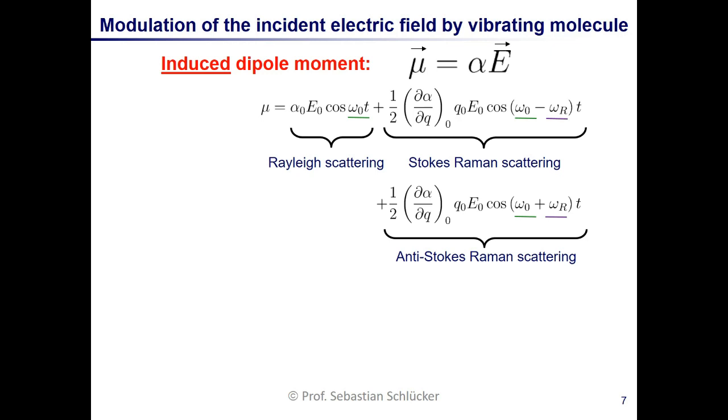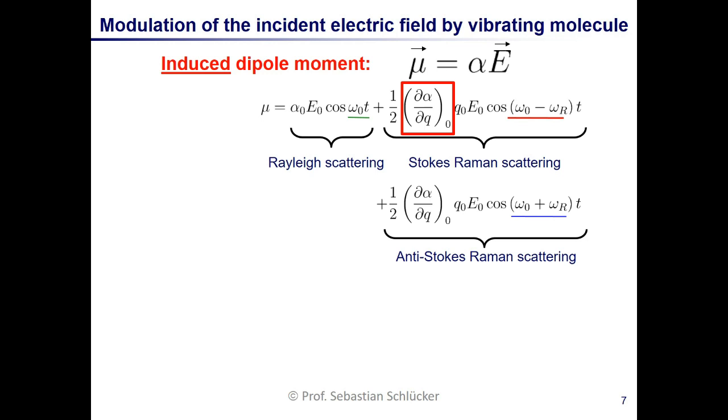The other two terms contain chemical information since they involve the characteristic angular frequency of the molecule, not only that of the incident light, omega 0. And these are the terms for Stokes and anti-Stokes Raman scattering. They are red shifted and blue shifted with respect to the incident angular frequency omega 0 of the laser.